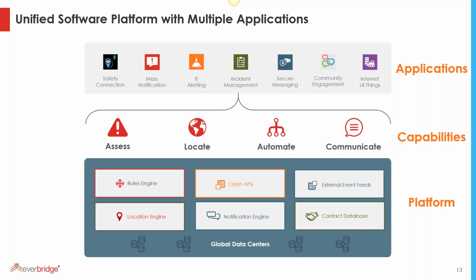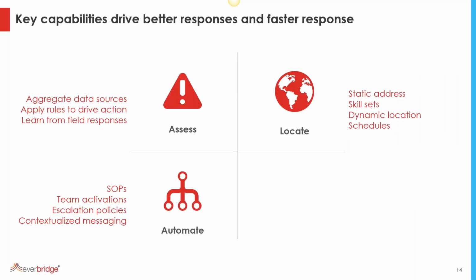And then finally communicating those standard operating procedures and responses to your people. That's the Everbridge model in mind, and it applies to all of our products. So assess, locate, automate, communicate. And we'll be talking a little bit more about that as we go through this presentation.